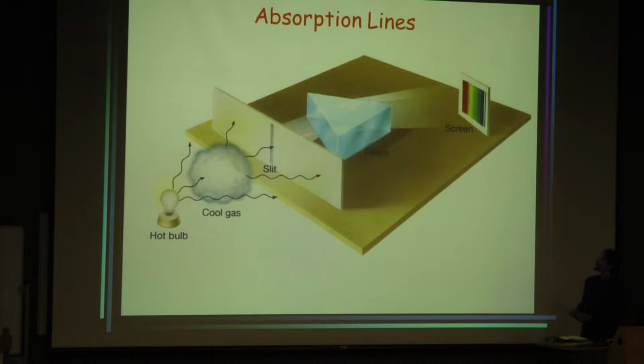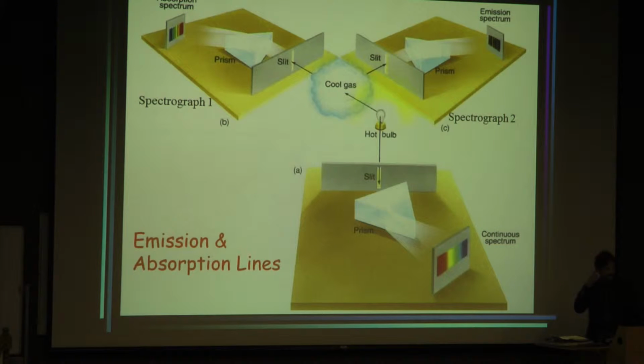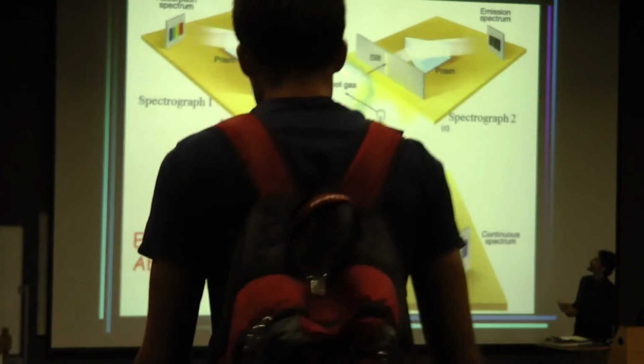Hot bulb illuminating a cool gas, absorption lines. And of course we know that what's really going on is that there are lots of photons resulting from the de-excitation, but most of them are just going in three-dimensional random directions. Very few get through the slit, and so we end up with this lack of photons that causes the absorption line. So again, the unified model figure in the book has almost everything in it, just doesn't have anything to do with hot gas.